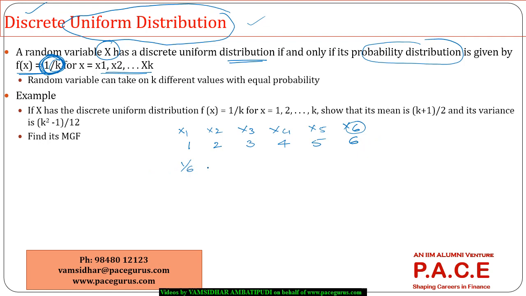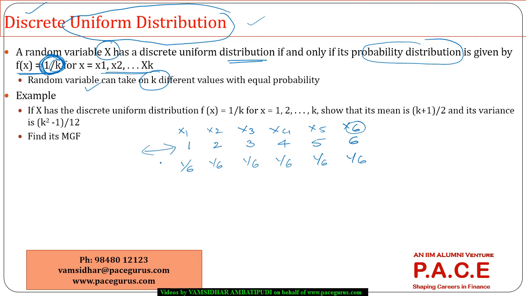And if the probability of occurrence of each one of them is simply 1 by 6, then we say that this follows a discrete uniform distribution. The other way of expressing it is that the random variable can take on k different values. Here 6 different values are possible.